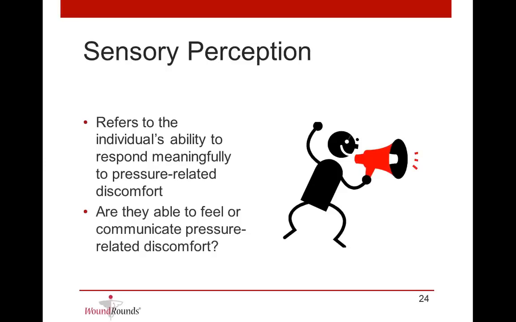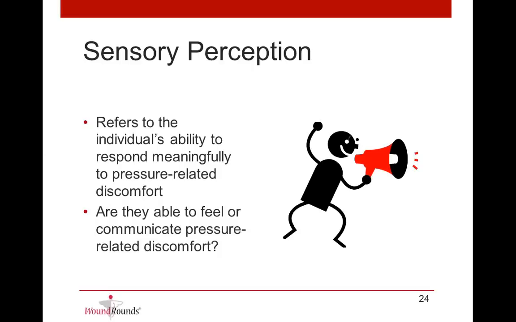The first subscore that we're going to review today is called sensory perception. This refers to the individual's ability to respond meaningfully to pressure-related discomfort. Examples of pressure-related discomfort may include things like feeling discomfort to their tailbone, wrinkled bed linens underneath a patient or resident, ill-fitting shoes, lying on IV tubing or a Foley catheter, for example.